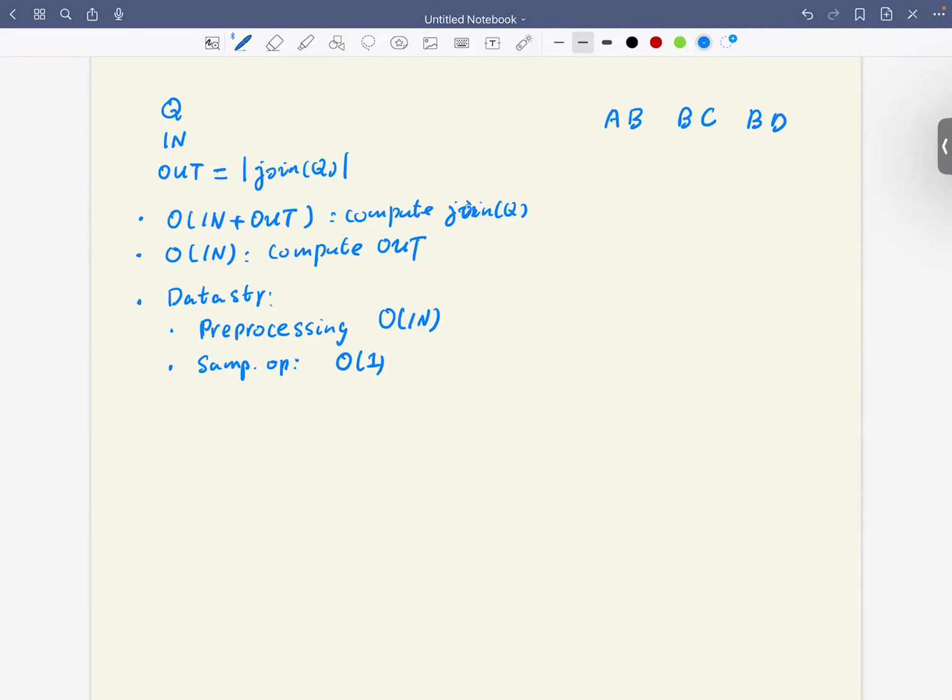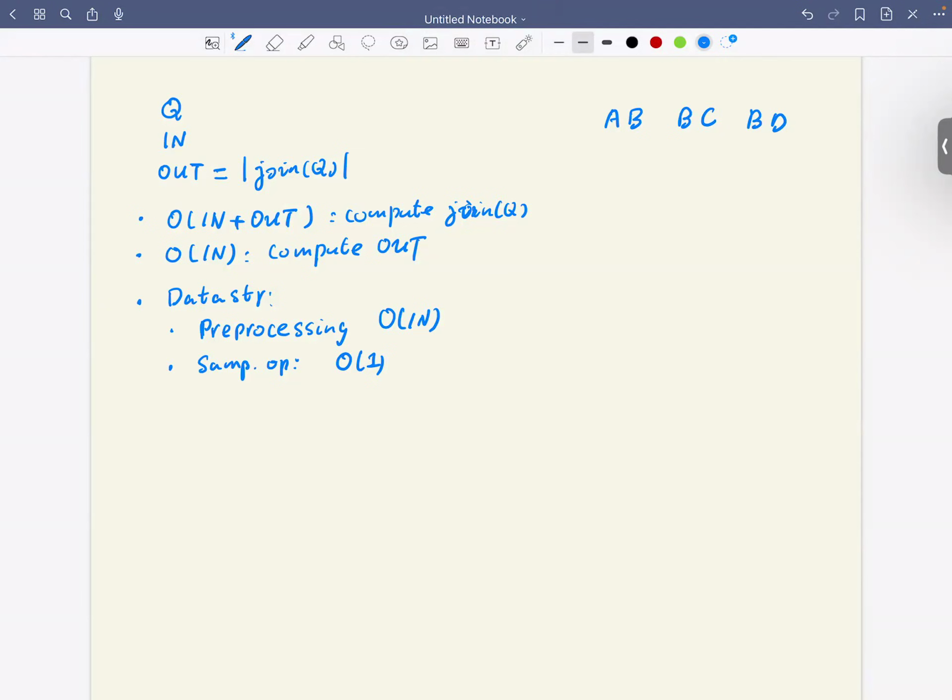Some people would say, well, this is not too bad either, because you are paying a linear cost, which you have to do anyway. And indeed, you have a point. But what if I say, in practice, we don't want to wait that long before getting the first result? Think about database systems where we do pipelining.